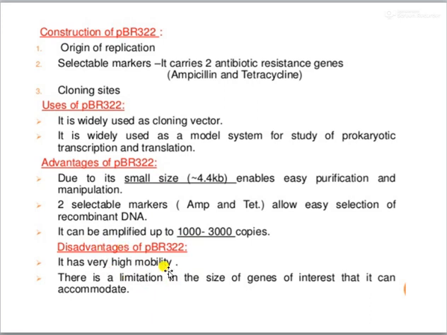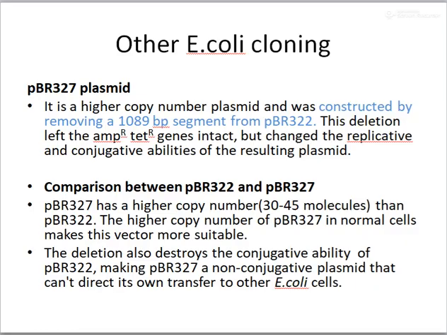So these are the disadvantages. I guess you understood pBR322. It's a plasmid, and into this plasmid we can put our gene of interest. Now there are other cloning vectors like pBR327. I'm just mentioning them so that you get familiarized with the names.